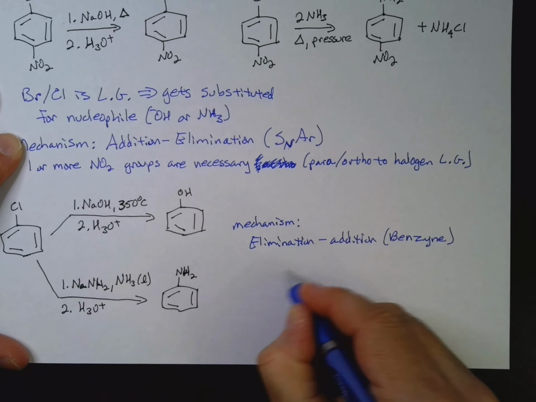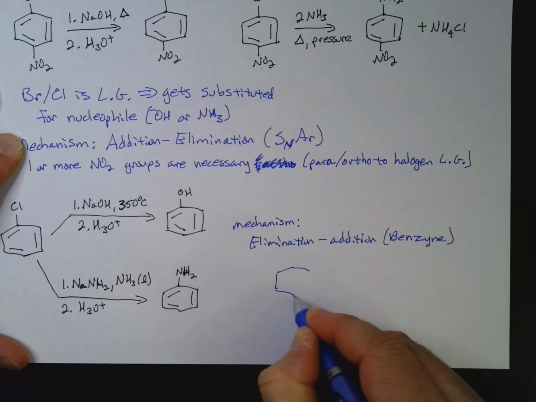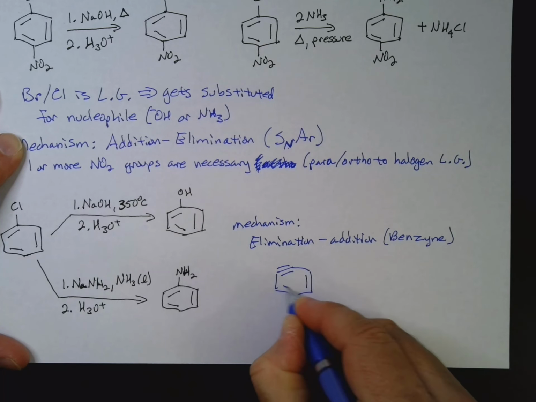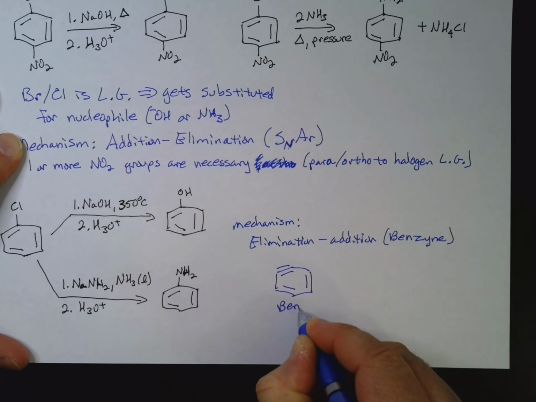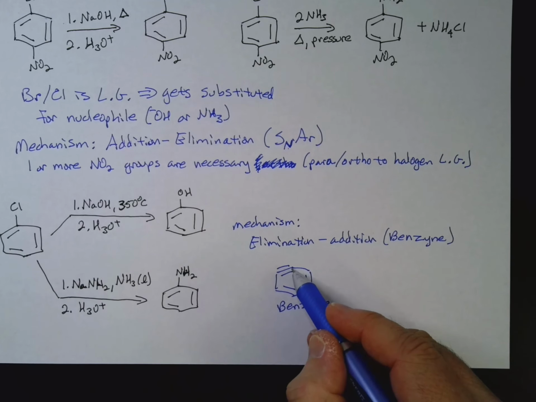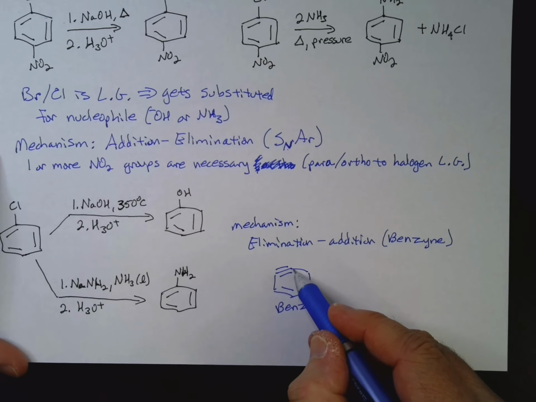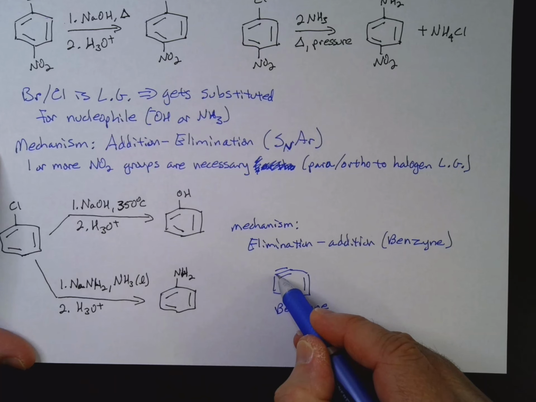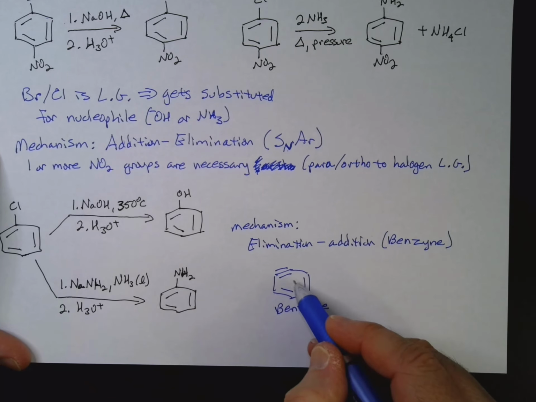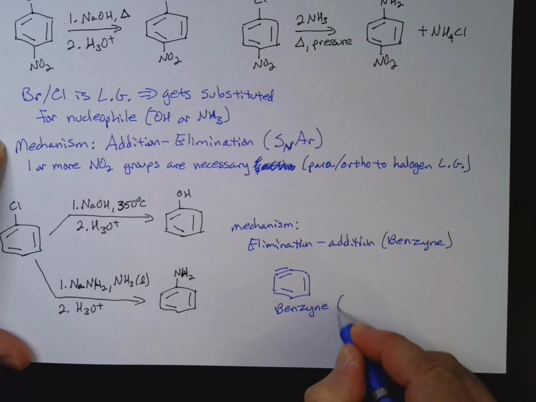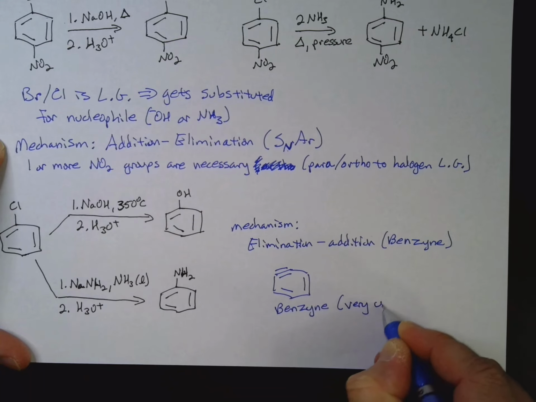That involves the formation of benzyne, and this is highly unstable because we're trying to get sp hybridized carbons, so this triple bond here would be sp hybridized carbons. They want to have a bond angle of 180, but we're trying to get them into a hexagon with a bond angle of 120. So this is very unstable.